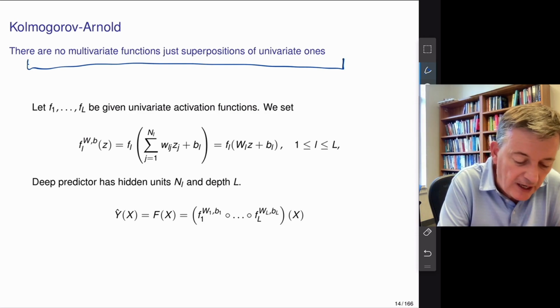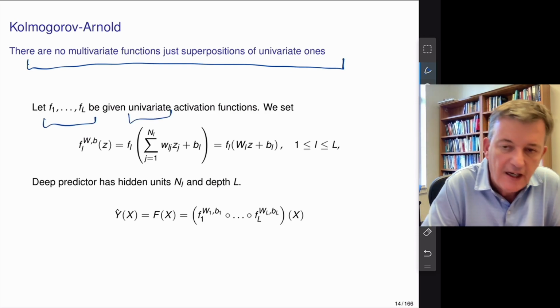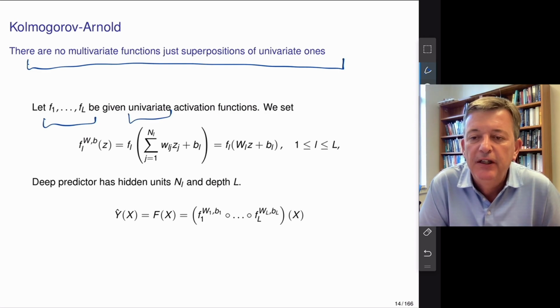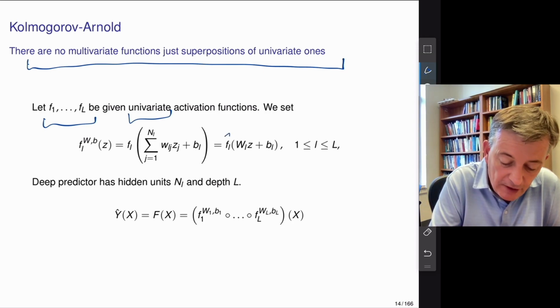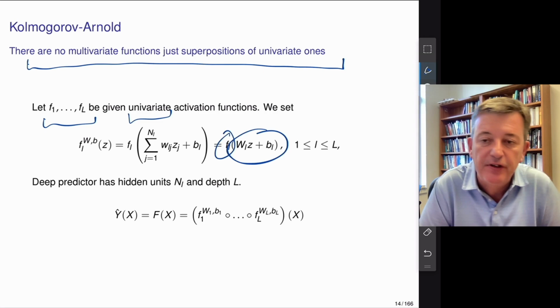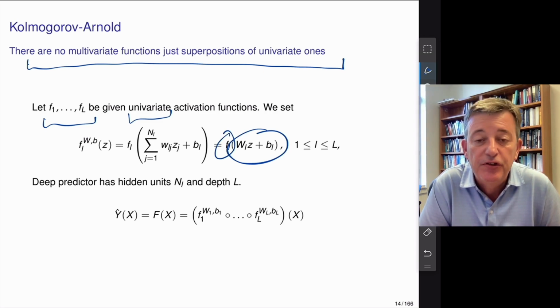So let these little f functions be univariate. They're called activation functions, and we'll take our favorite ones like tanh and ReLU, or the maximum function, or the logit function. Then we'll take a univariate function and hit it with what's known as a semi-affine function: just a weight matrix W times some variables plus some offset b, or intercept b.